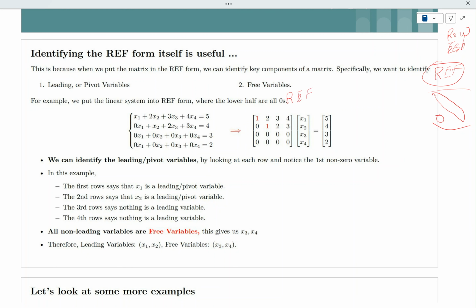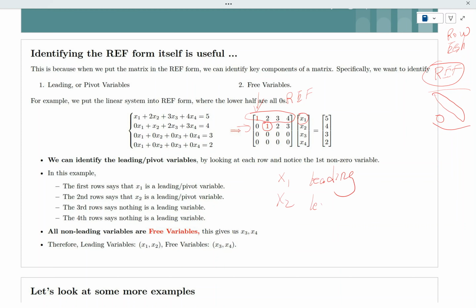Well, it allows you to essentially pick out leading and free variables. What you do is look at each row and look at the first non-zero value. The first non-zero value corresponds to x1. It's x1, and that is the leading. You look at the next row, the next non-zero value is x2.